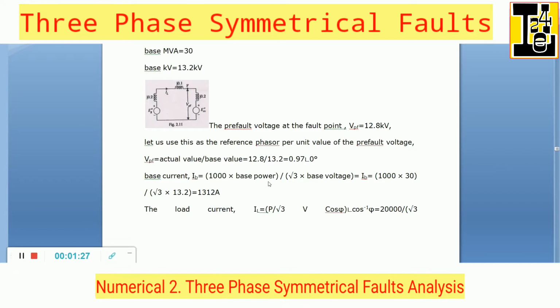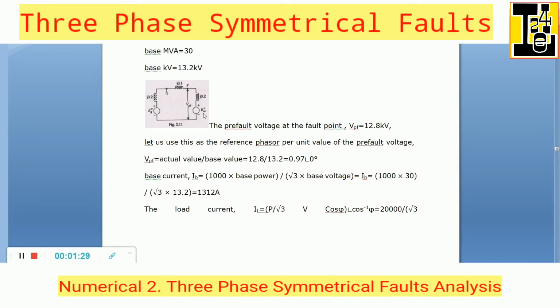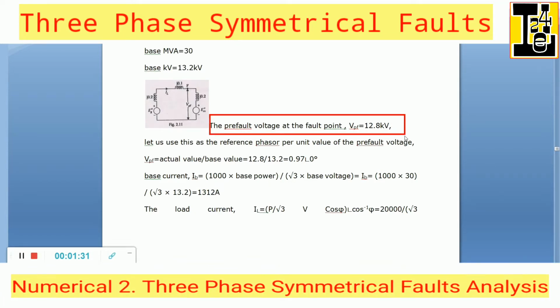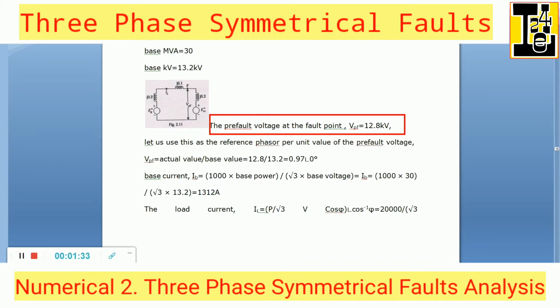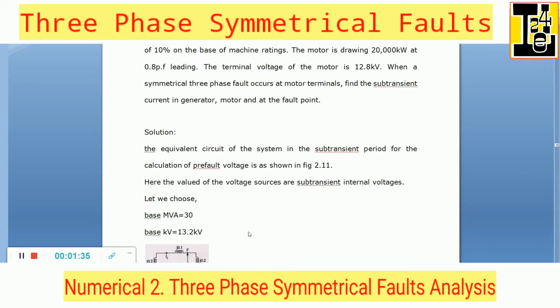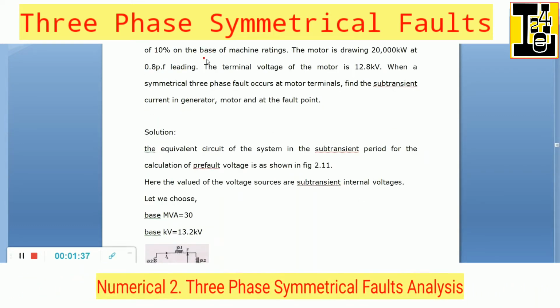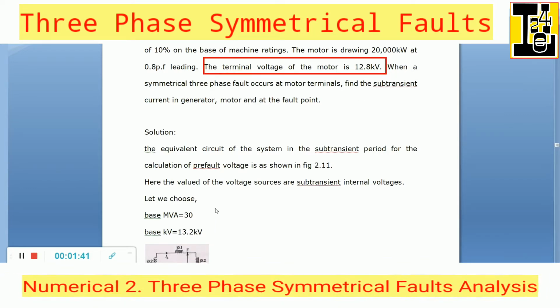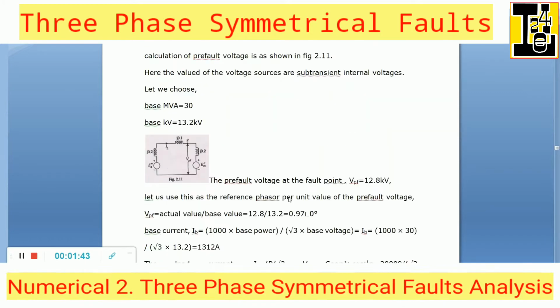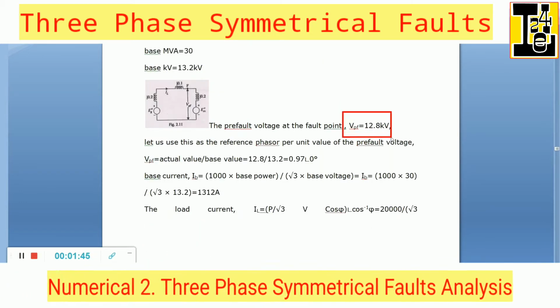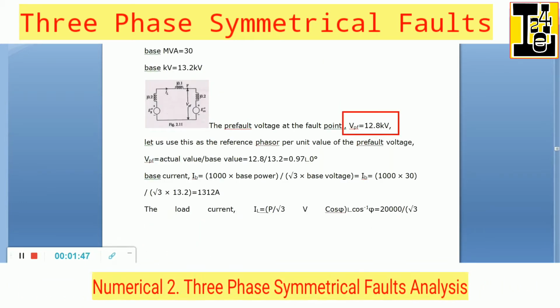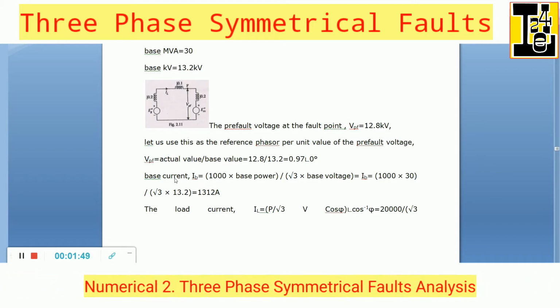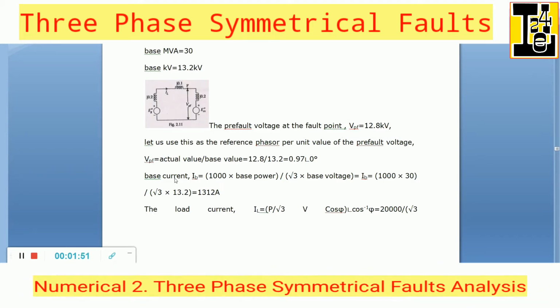The pre-fault voltage at the fault point is 12.8 kilovolts. As we know, before the occurrence of the fault, the terminal voltage of the motor was 12.8 kilovolts, and that itself becomes the pre-fault voltage. Let us use this as the reference phasor.